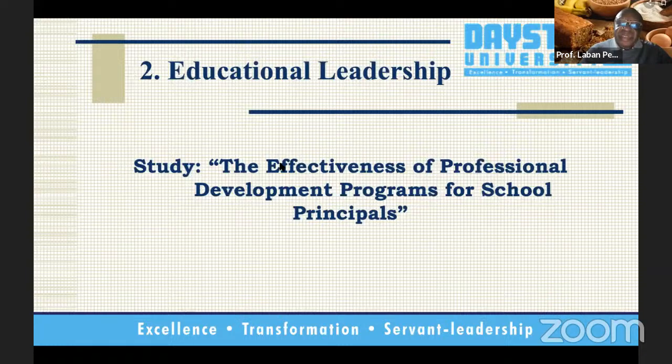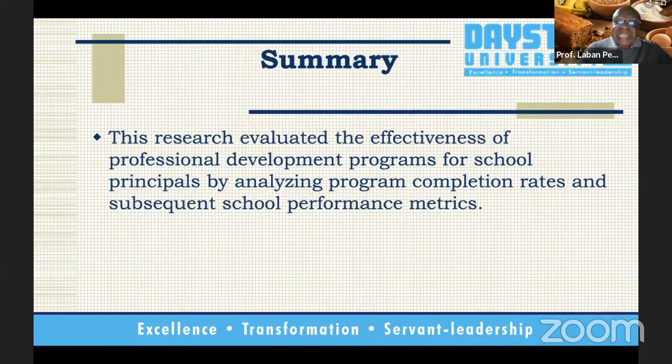You want to give evidence, the effectiveness of professional development. What is the value of professional development for the effectiveness of school principals? So the research evaluated the effectiveness of professional development programs for school principals by analyzing program completion rates and subsequent school performance metrics.